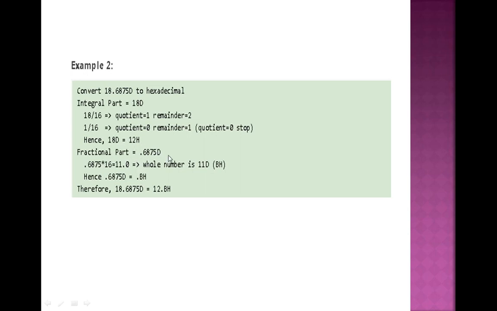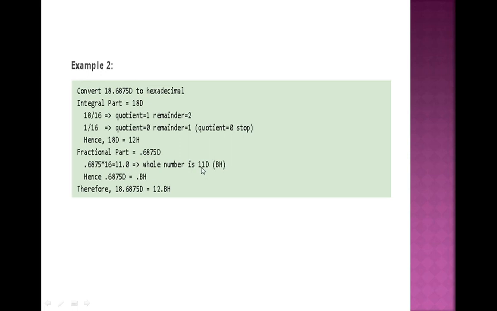This is 0.6875 decimal multiplied by 16. Here this becomes 11.0. So this is the stopping point, because any number multiplied by a fractional part of 0 is always 0.